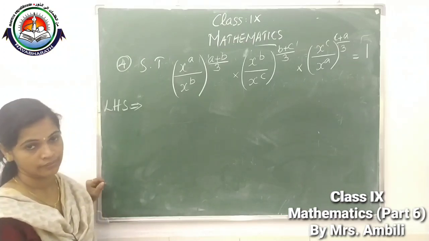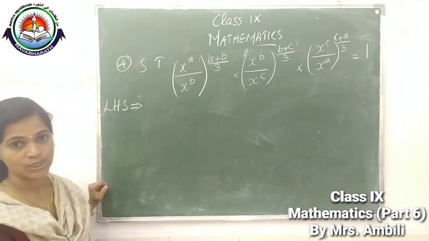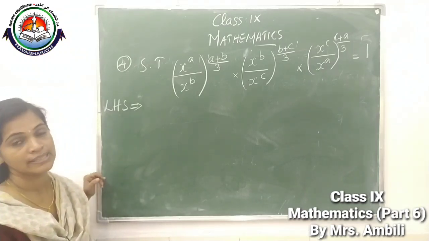So, one law we studied. What is that? a^m / a^n = a^(m-n).